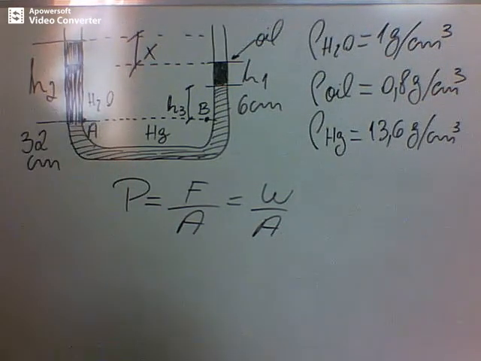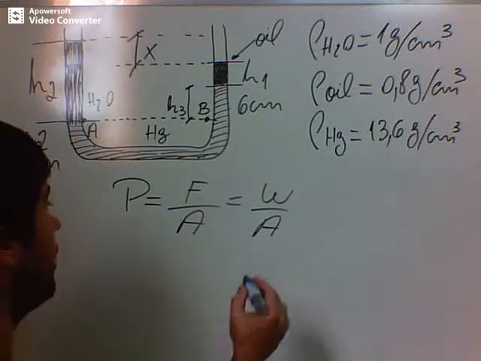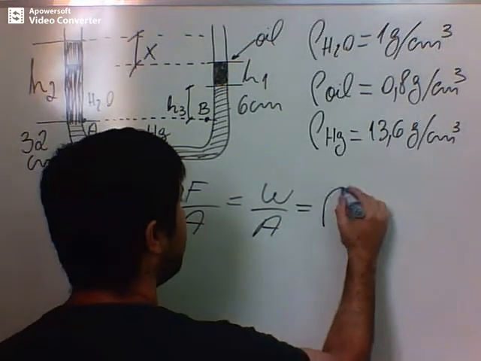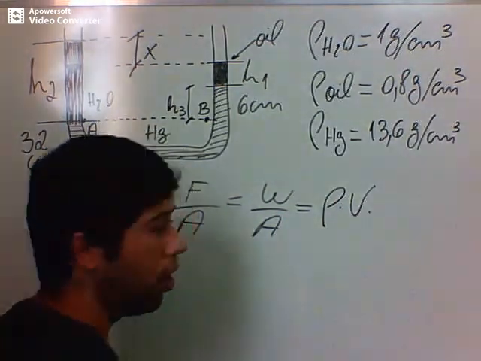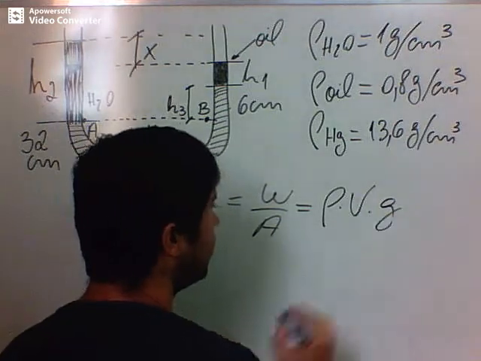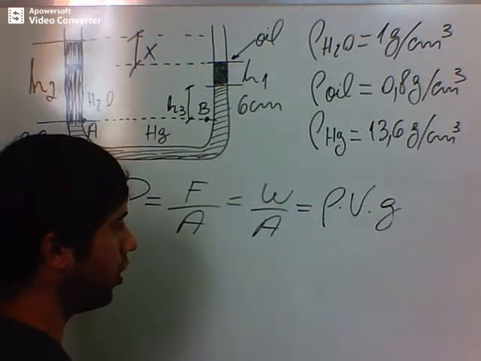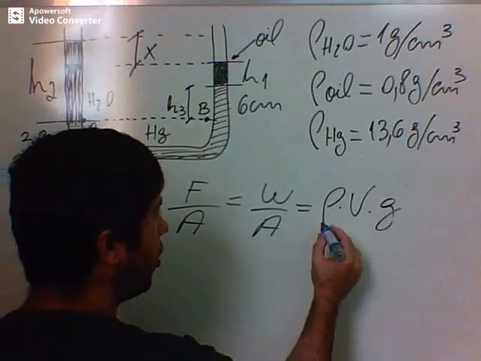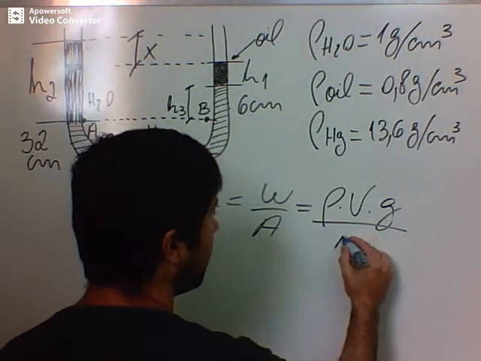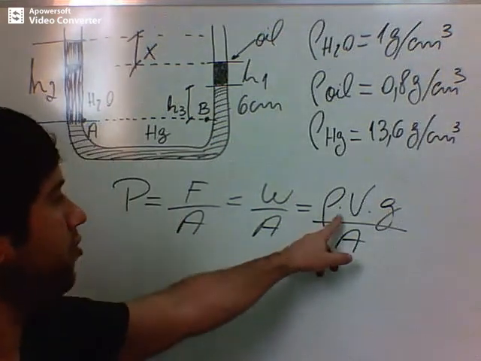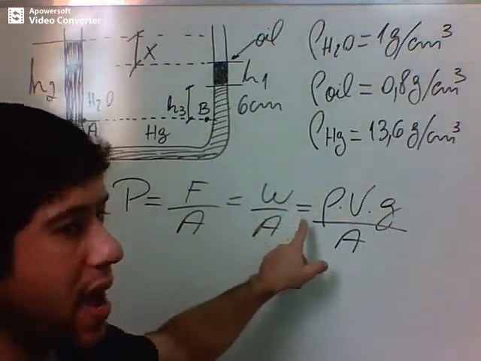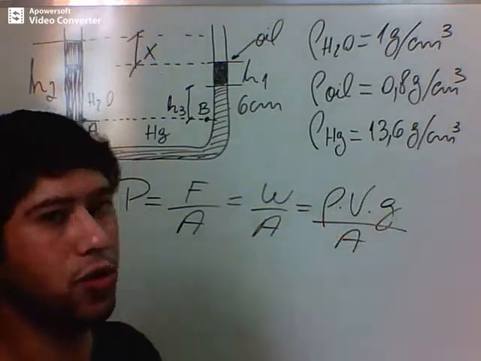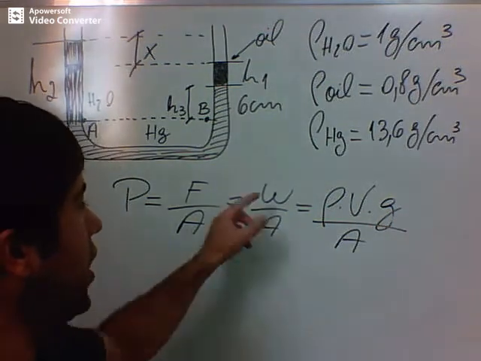But the weight of a fluid can be represented by its density and its volume, okay? It is going to be the density, the volume, and the gravitational force, all divided by the area, because density times volume is the mass, and mass times gravity is weight.